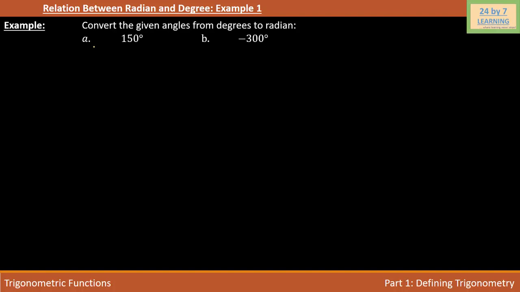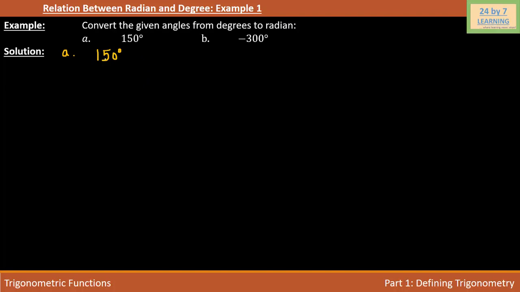In order to convert the angles from degree to radian, I'm going to consider the first angle, angle A, which is 150 degrees. As we know, if we want to convert degrees into radians, we multiply the degrees by pi over 180 degrees.